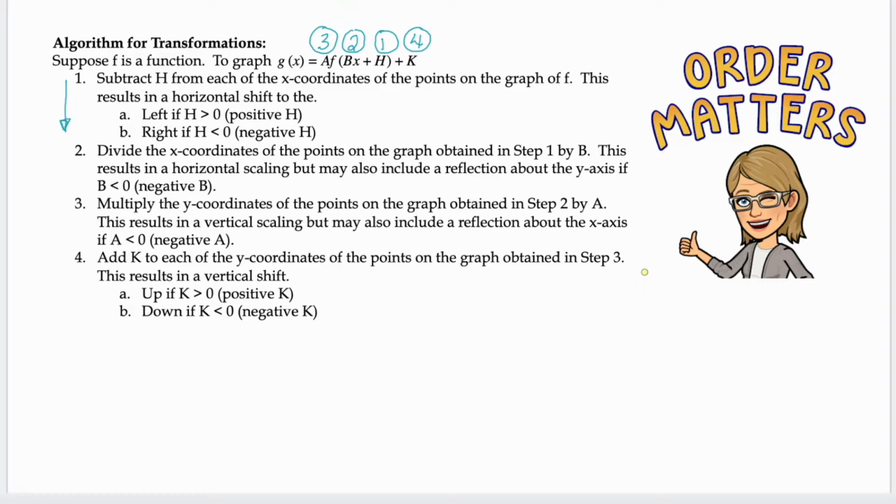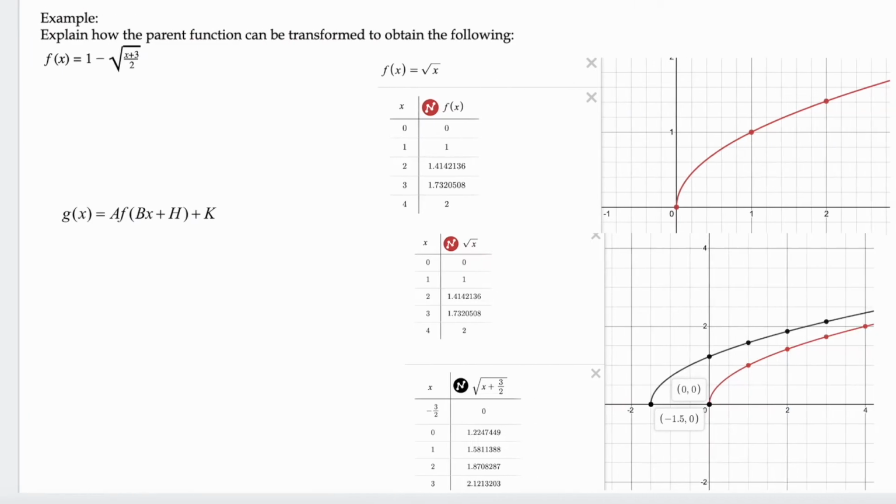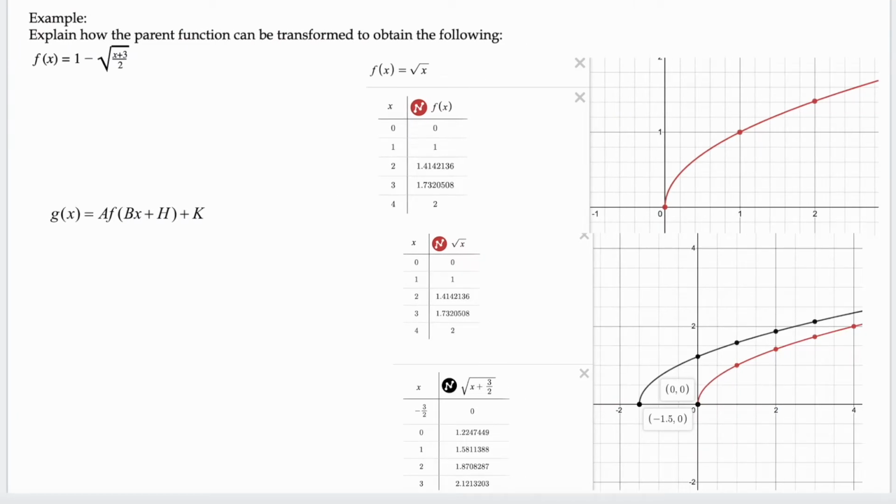So let's see this in action when we have a bunch of different transformations happening all at one time. First, I need to identify what my parent function is. So it's asking us to explain how the parent function can be transformed to obtain the following: 1 minus the square root of x plus 3 over 2.